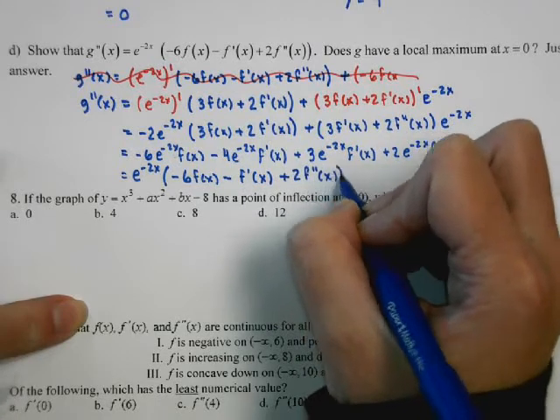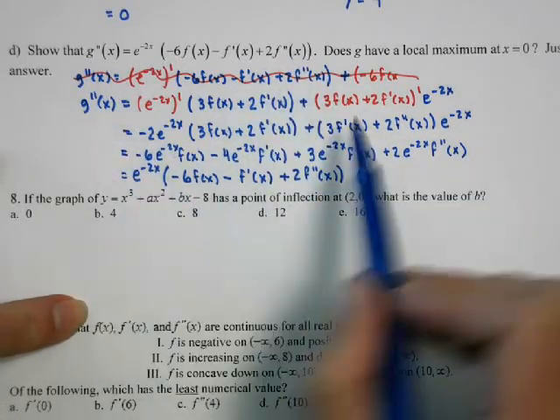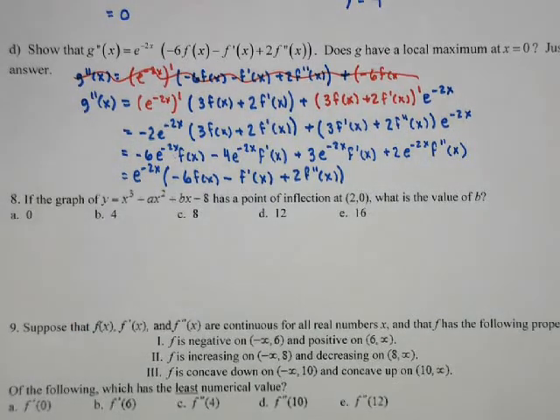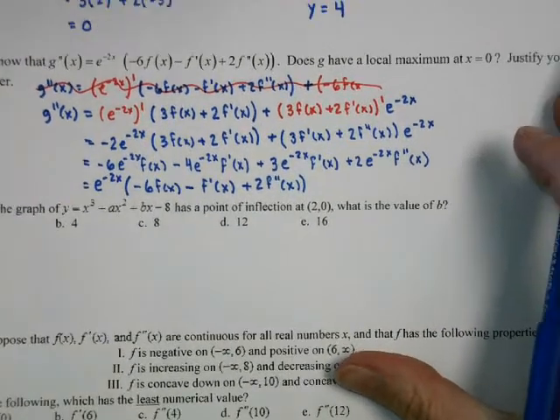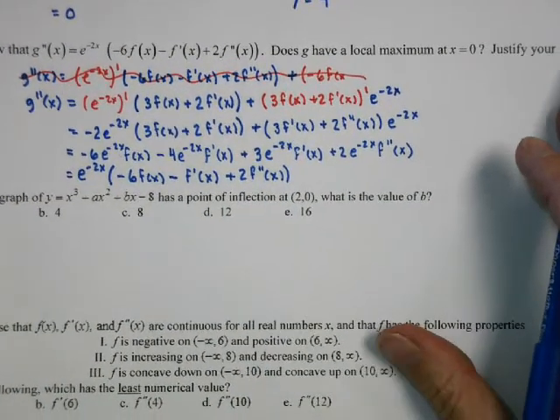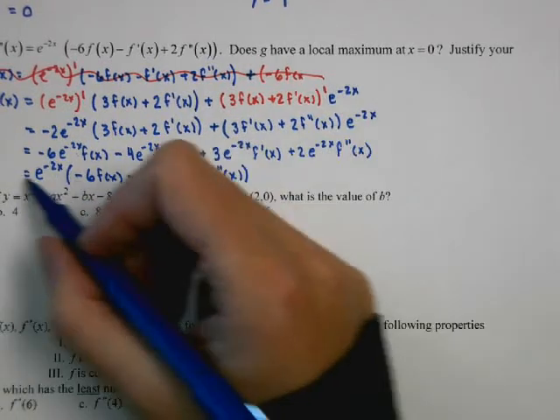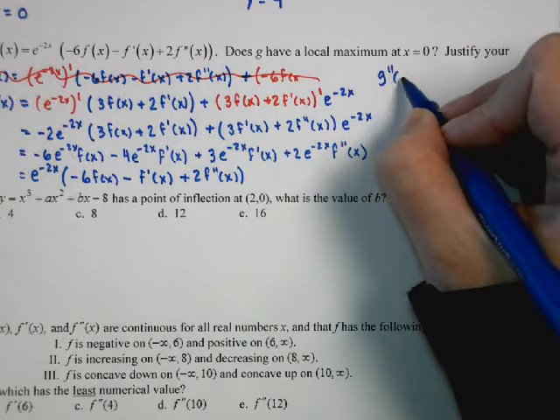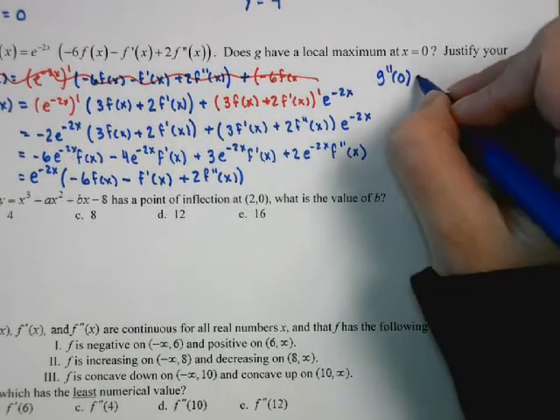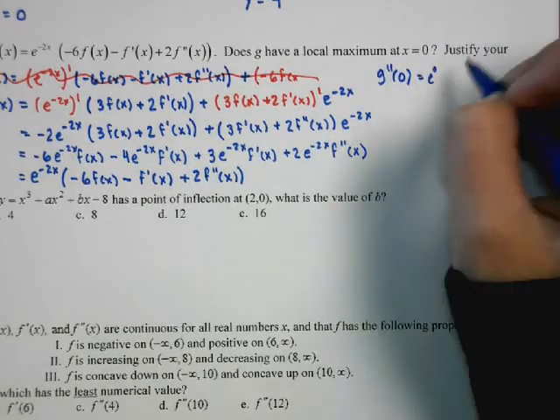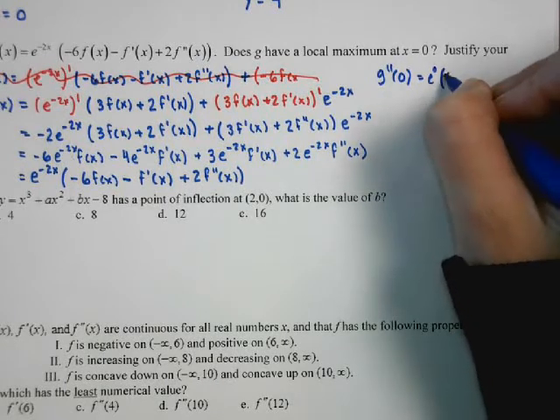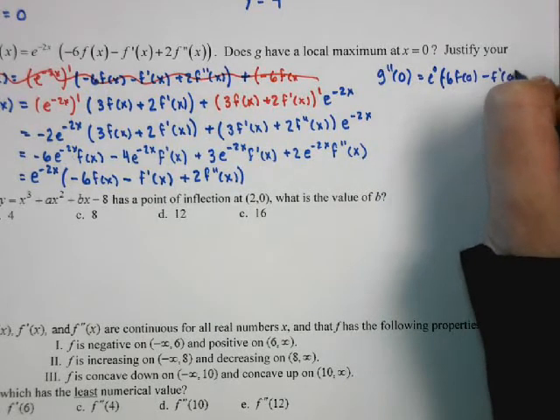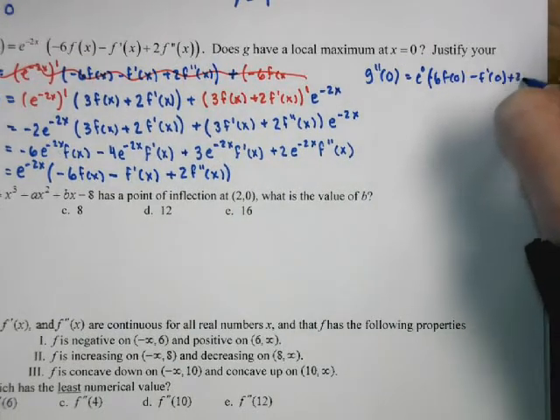So the second part of this question says, does g have a local maximum at x equals 0? We know the first derivative is 0, which makes it a critical point. So now we're going to plug in and find g double prime of 0. That's going to be e to the 0 times negative 6 f of 0 minus f prime of 0 plus 2 f double prime of 0. So e to the 0 is 1.